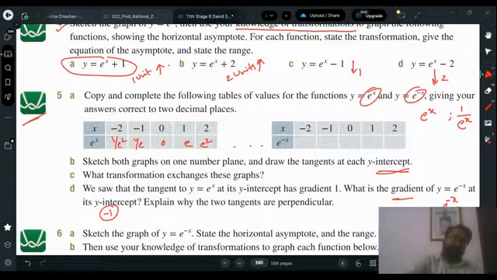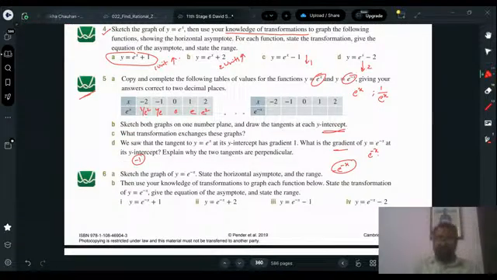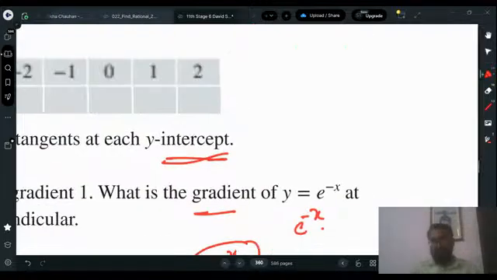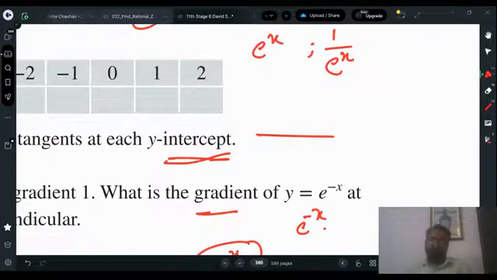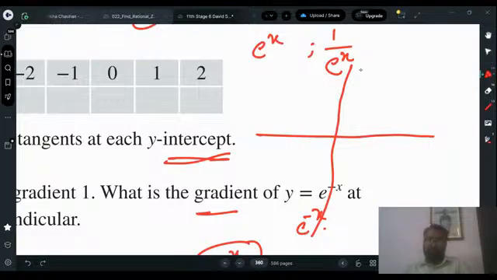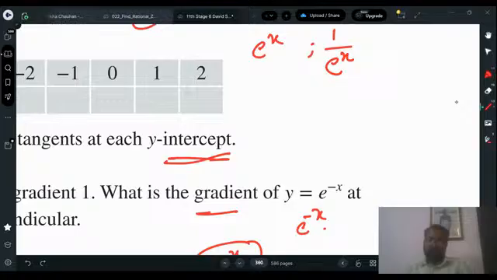We have to take the graph extension, e power x and e power minus x. How does the e power x graph look like? The e power x is like this.